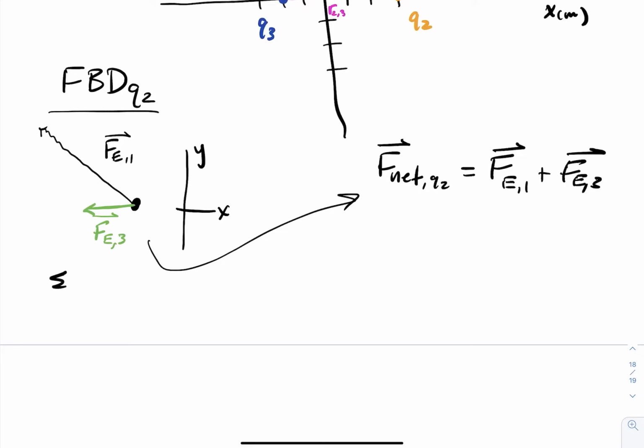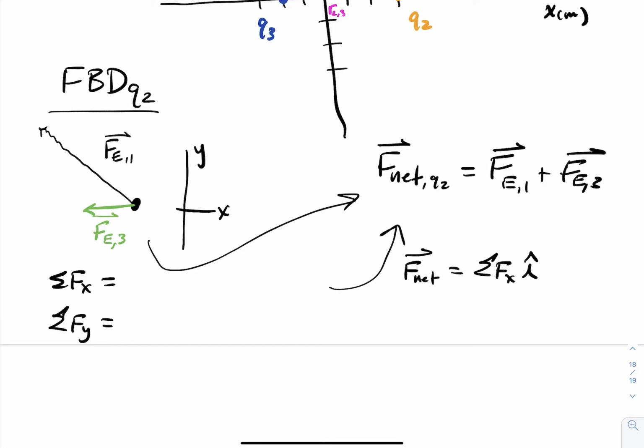We would say the sum of the forces in the x direction and add those together, and the sum of the forces in the y direction, and then those together would give us F net. So one way to think about this, F net, is equal to the sum of the forces in the x direction, and we would indicate that that's in the x direction, plus whatever the sum of the forces in the y direction are in the y direction. So this is one way we could get the answer completely mathematically.